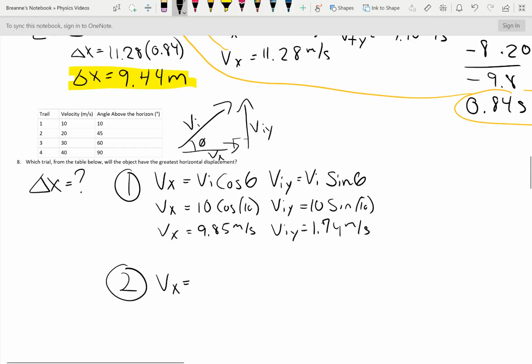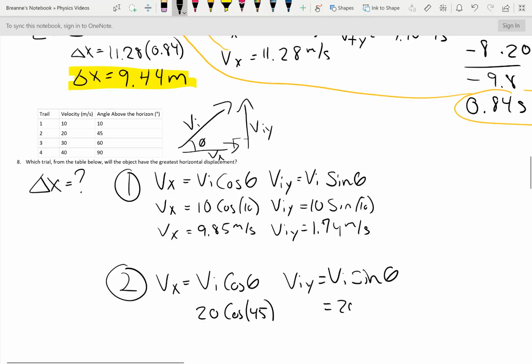So trial 2, we have again initial cosine, initial sine. So you have 20 cosine of 45, 20 sine of 45.